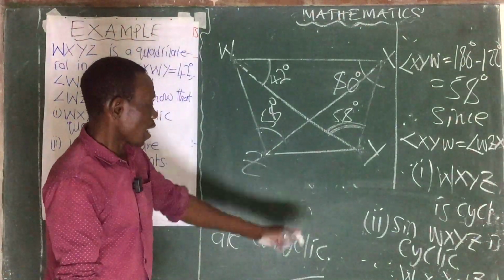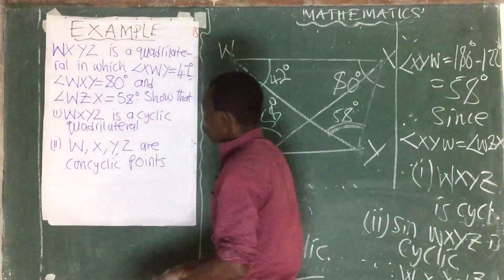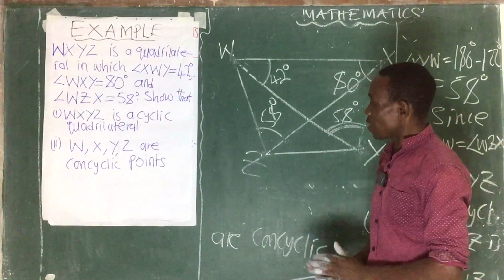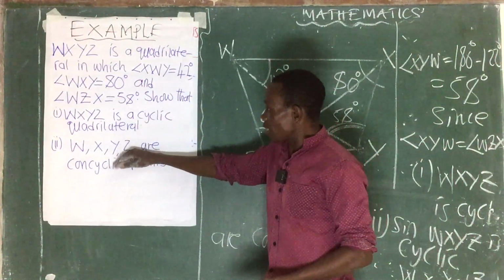Right. So by that, you have also shown that the points are concyclic. That's the demand of the second question.